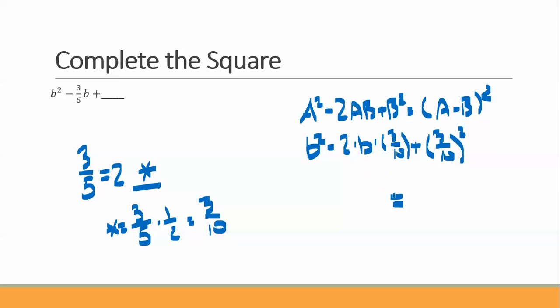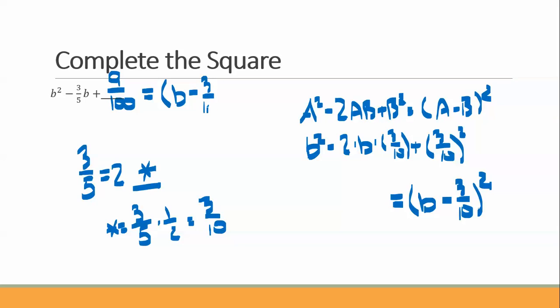That's going to be equal to, our big A is equal to little b minus 3/10 squared. 3/10 squared is 9 over 100, and that then factors into b minus 3/10 squared. So just because it's a fraction doesn't mean you can't do it. You can always check your answer by this. The 9 over 100 is what completes the square.